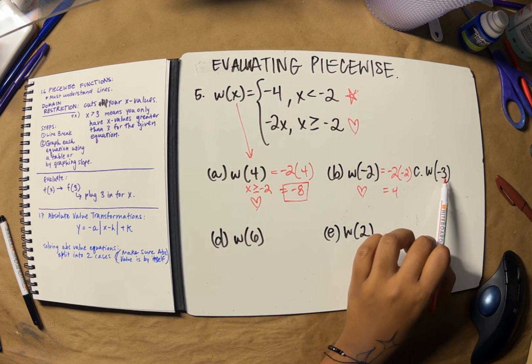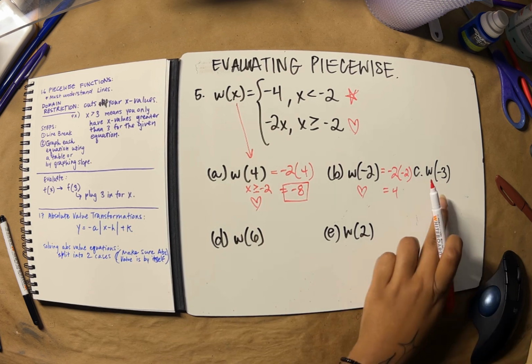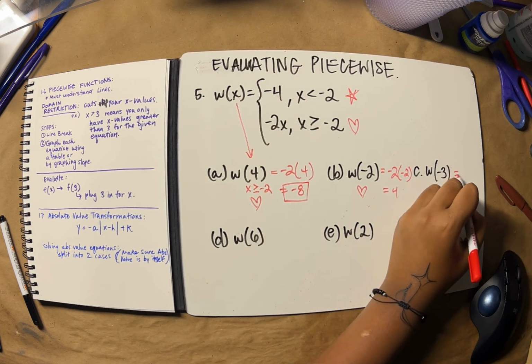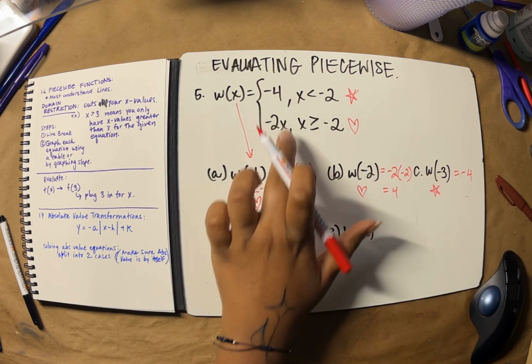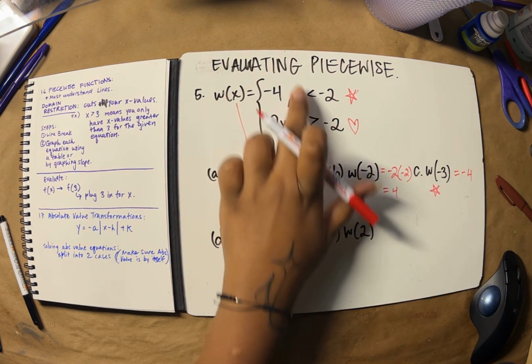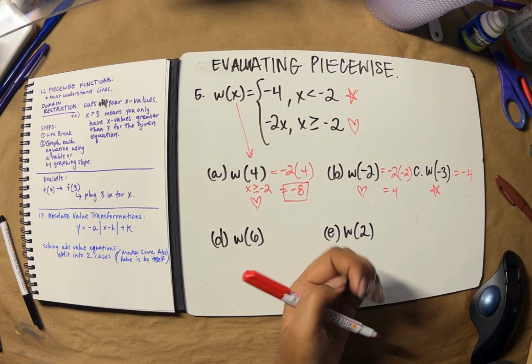Speed rounding this part, -3: that is less than -2 because we're going in the negative direction. So this is my star equation, and this is going to be equal to 4. I have no x value in my equation to be able to plug an x value into.